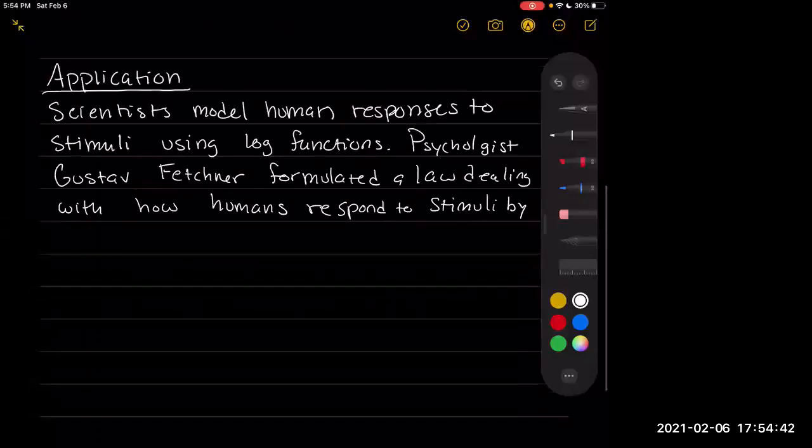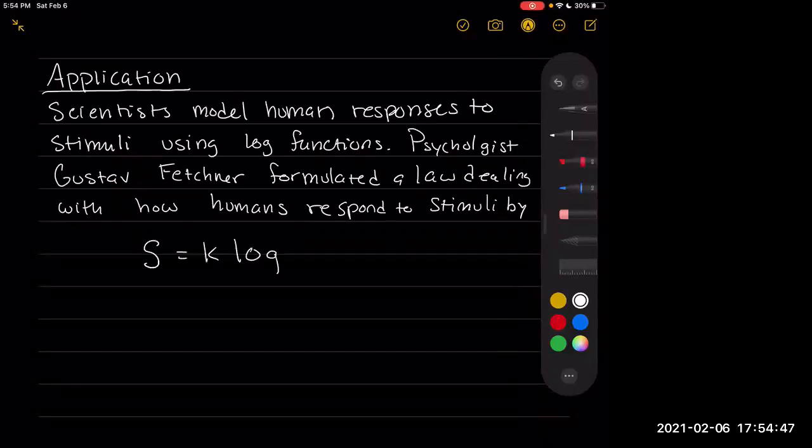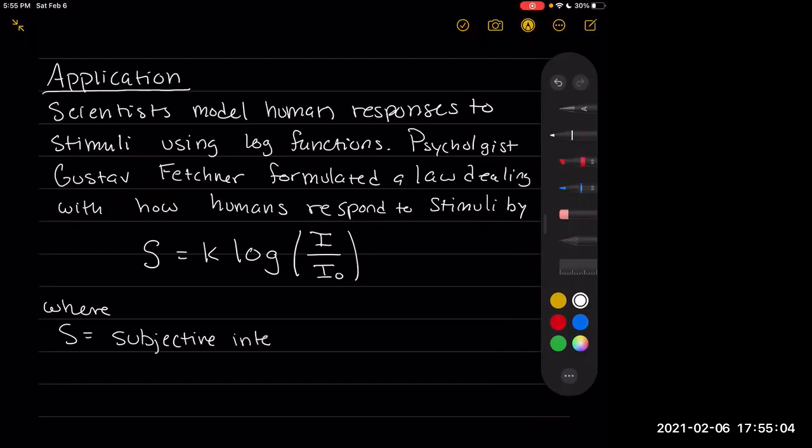So it's S equals K log of I over I naught. And this is where S is subjective intensity of stimulus.